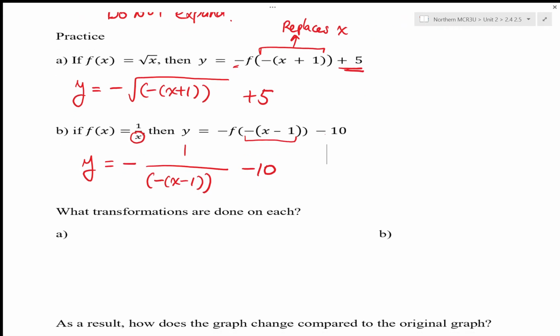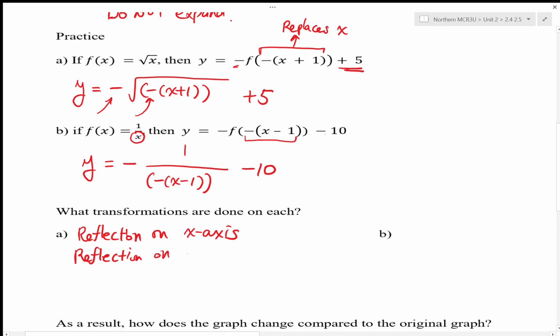Now let's just look at what kind of transformations were done in the A. In the A, we have the very front negative, which is the A value. That gives me the reflection on the x-axis. Now I see that I have negative inside of the function in front of the x. So this gives me reflection on the y-axis. Again, reflection on the x-axis means you rotate it vertically, and reflection on the y-axis means you're rotating sideways, horizontally.